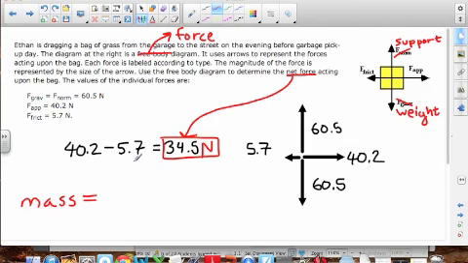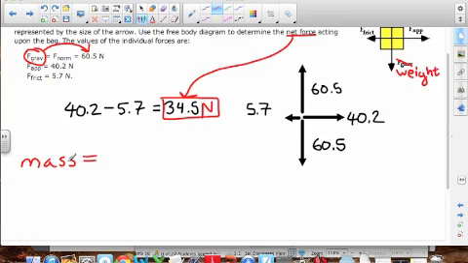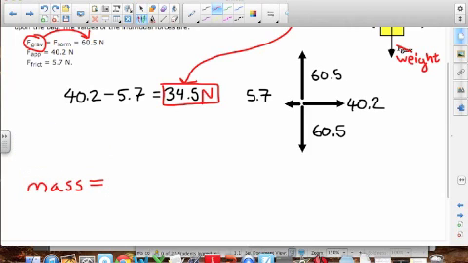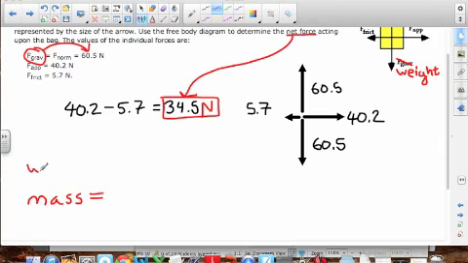Well, actually, we have enough information, because we know that the weight, the force of gravity on the bag of grass, is 60.5 newtons. So let me write that out down here. The weight of the bag of grass is 60.5 newtons.